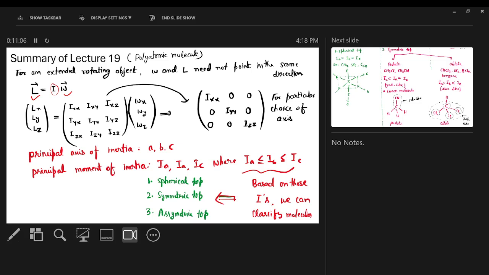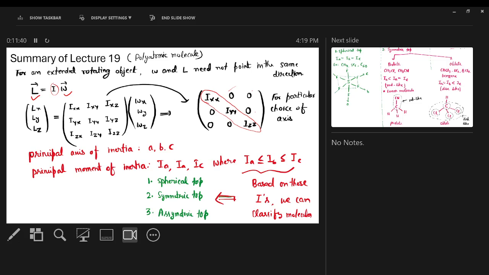So for a particular choice of axis, let's say we are considering x-axis, y-axis, z-axis, the off diagonal terms will be 0. These are off diagonal terms, and these are diagonal elements. Okay, so off diagonal elements become 0 after choosing a particular set of axes.